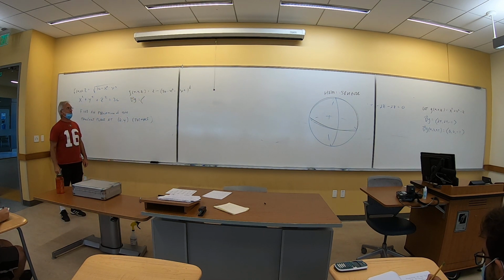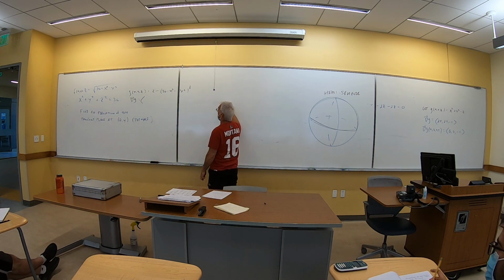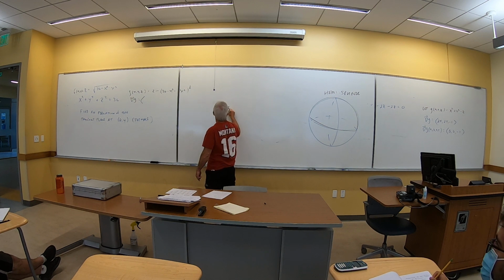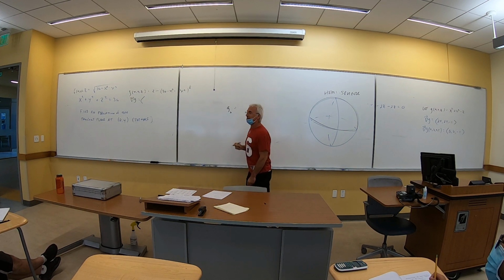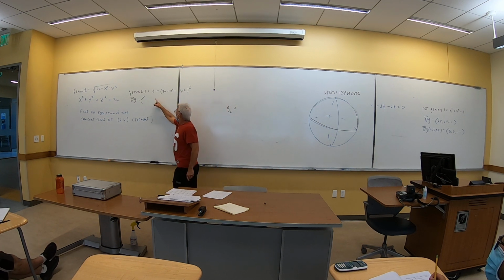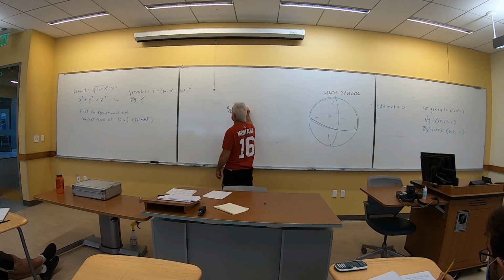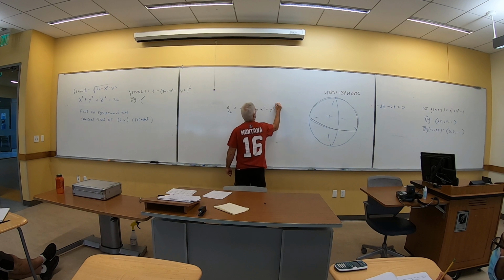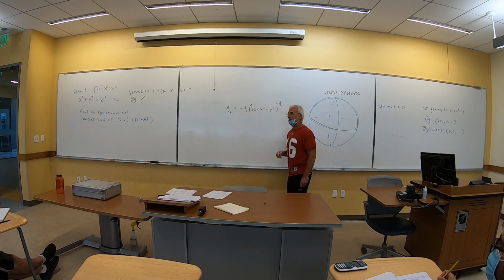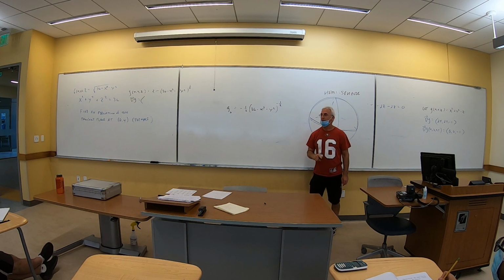All right, partial with respect to x. Well, here's what I'm going to do. I'm going to do it off to the side. So, I want to do the partial with respect to x, because I'm going to have to do some simplifying. So, what are we going to do? This is going to be 0. Bring down, right? So -1/2, (36 minus x squared minus y squared) to the -1/2 times the chain rule factor.